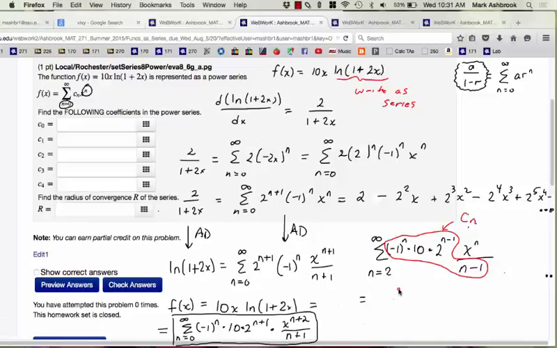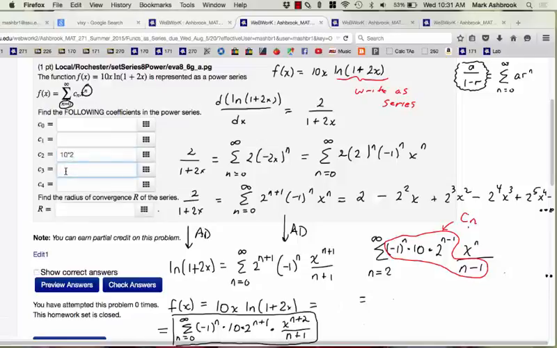Okay? So with n equals 2, it's going to be positive 1 times 10 times 2 to the 1 over 1. So what is that? Negative 1 squared is just 1, so we're going to have 10 times 2, that's it. It'll be 20.